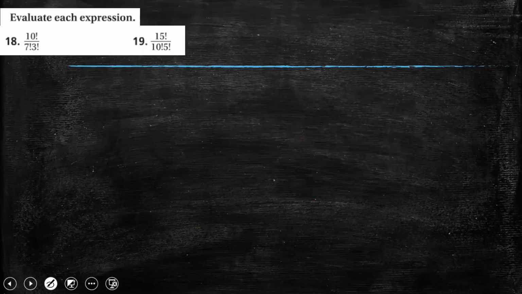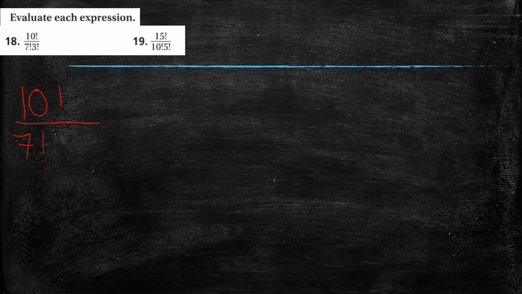Let's evaluate these expressions. Number 18 in your book: 10 factorial over 7 factorial times 3 factorial. How can we simplify it here?